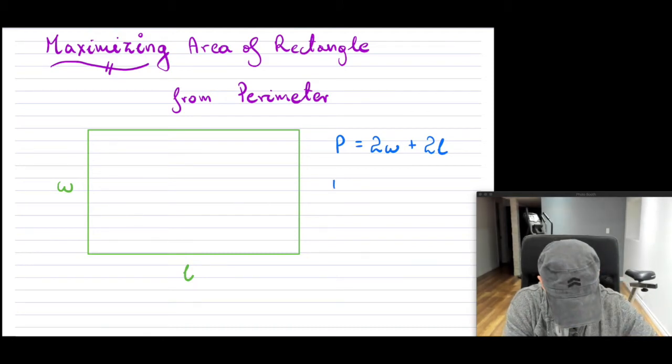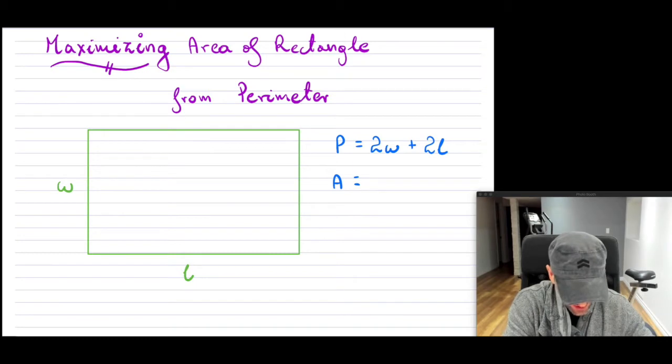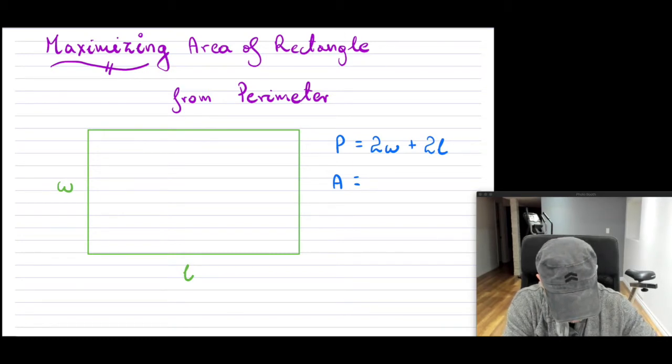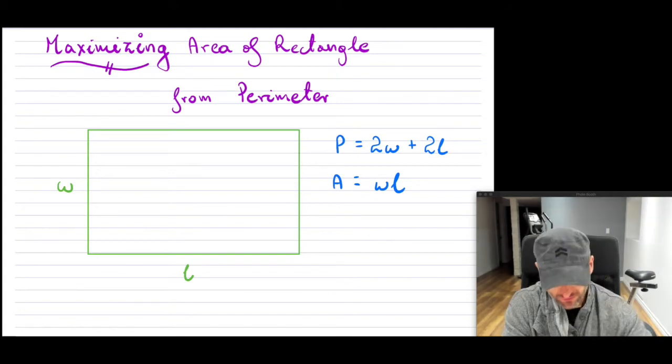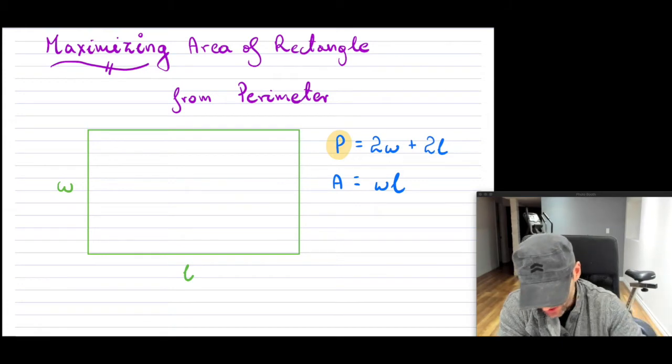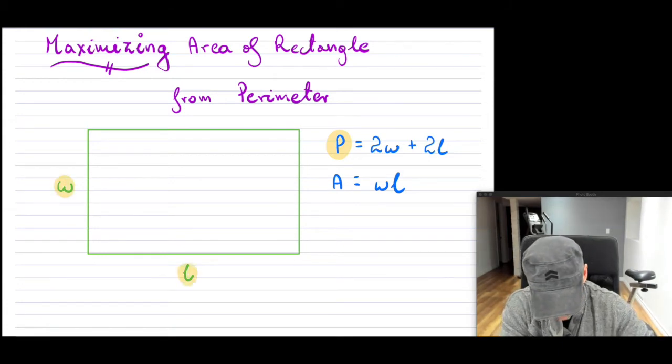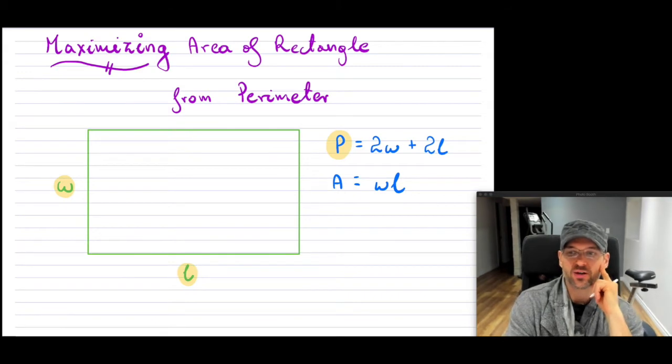So the area itself is simply width times the length, or length times the width, or whatever it may be. That is it. Now, if someone gives us what the perimeter is and does not give us the width and the length and asks us, well, try to construct the rectangle in such a way that your area is maximized. What's the maximum amount? Now you might think, so how do I do that?